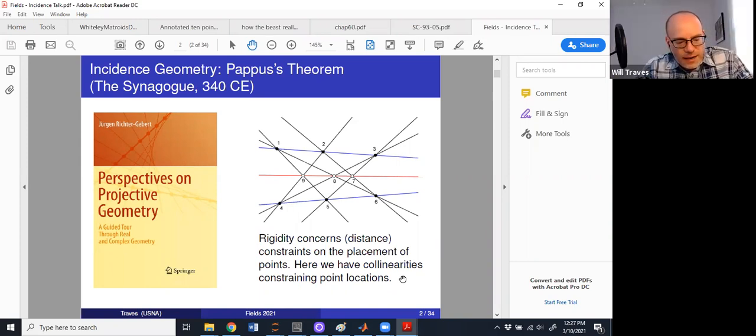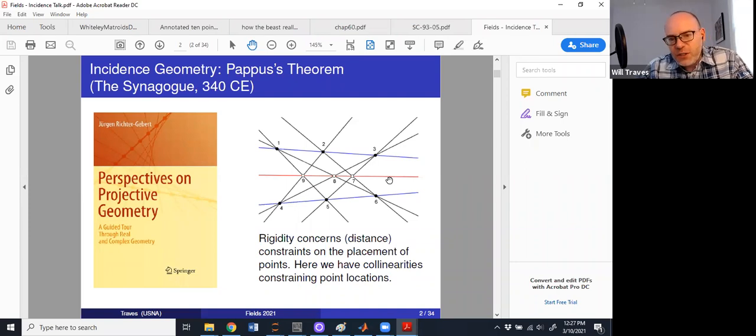That's the setup in rigidity theory in general, that some of the fixed constraints imply the others, and the same kind of thing occurs here. Like for instance, in Pappus's theorem, some of the incidences imply this red incidence, and some of them imply this red constraint.